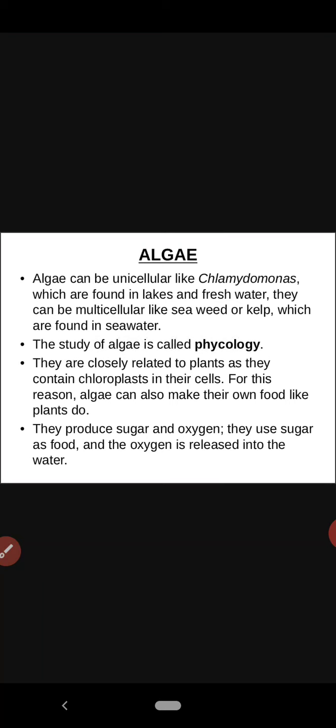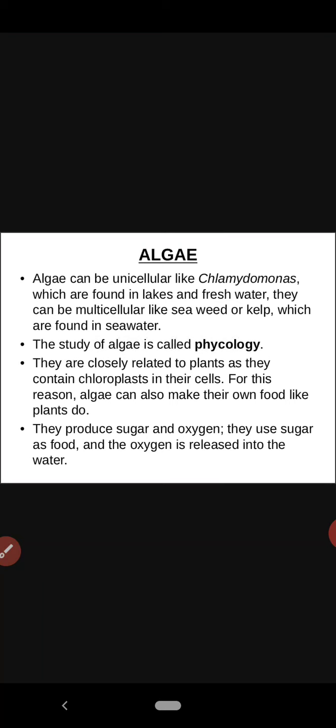They are closely related to plants. Algae is closely related to plants as they contain chloroplast in their cells. Chloroplast helps in photosynthesis, which produces its own food. So for this reason, algae can also make their own food like plants do. During photosynthesis, they produce sugar and oxygen.